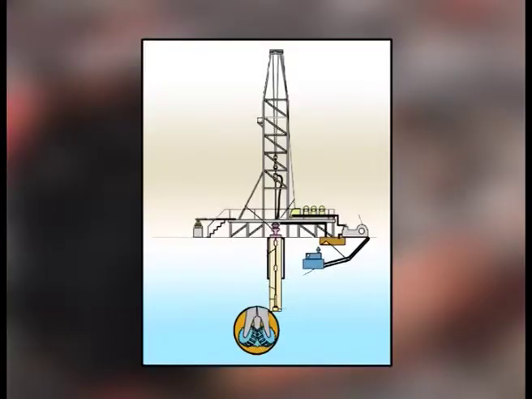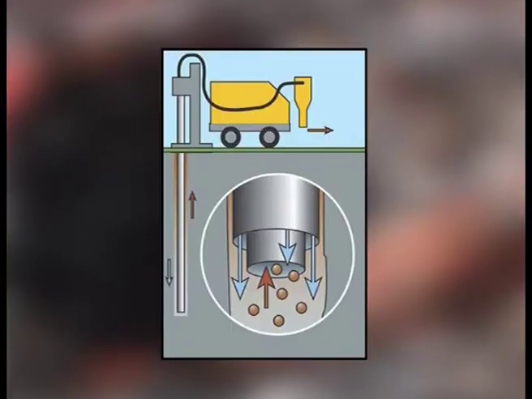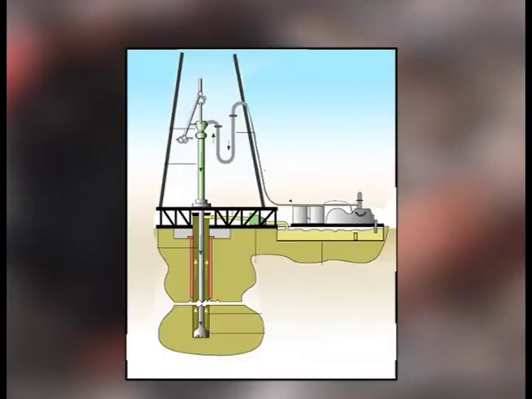Four drilling methods are widely used, each depending on the type of information required and/or the rock types being drilled: 1. Air rotary drilling, 2. Air percussion drilling, 3. Mud rotary drilling, 4. Diamond core drilling.